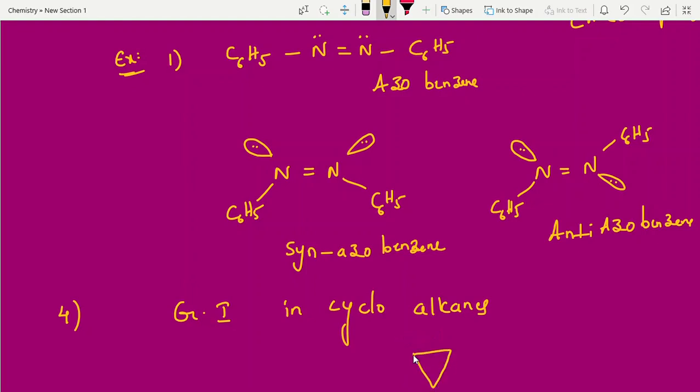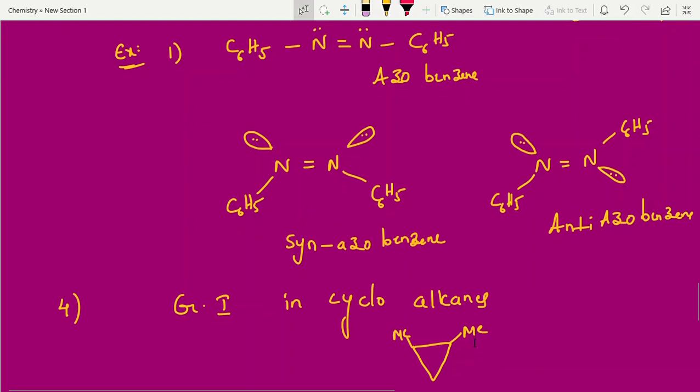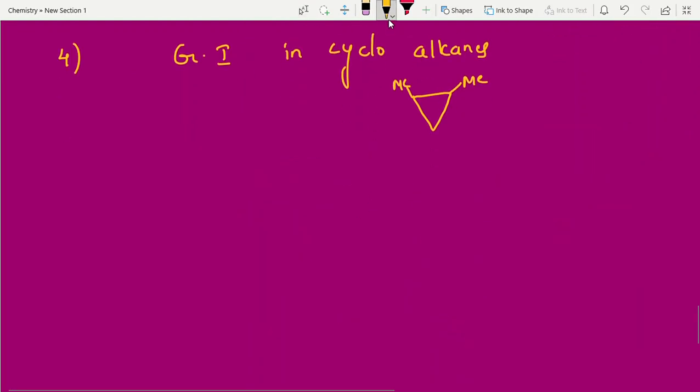If you take like this, okay, suppose two substituents they have given. Me is nothing but methyl group, Et is nothing but ethyl group, prop is propyl group, like that. Okay, this one they are asking syn and anti, or cis and trans. So can you try this one? How to write cis form and trans form?